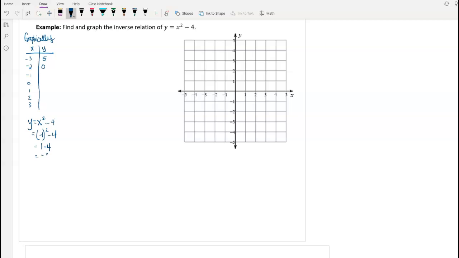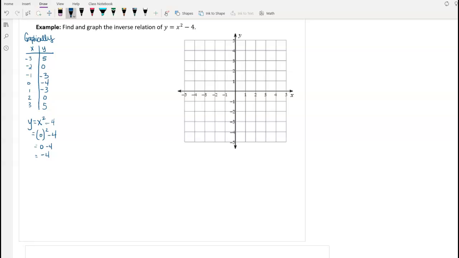We get -3. So -1 gives -3. Now let's try it for 0. 0 squared minus 4 is 0 minus 4, which is -4. From here, you should be able to do the rest of the values, and I'll go ahead and fill them in. I have -3, 0, and 5.